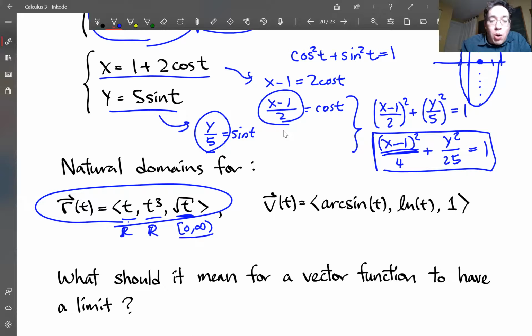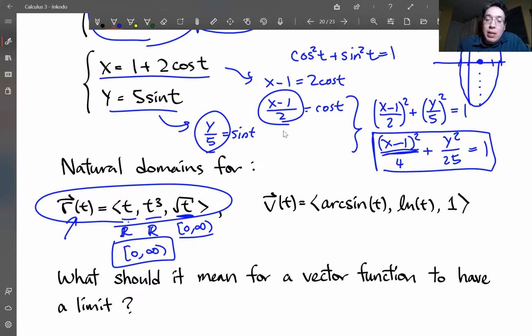But only non-negative numbers are okay here. So what do you do when you get something like this? Well, you kind of go with the most restrictive domain. If it doesn't make sense for some part of the function or some component, then it doesn't make sense for the whole vector. So the domain is from 0 to infinity for this function.